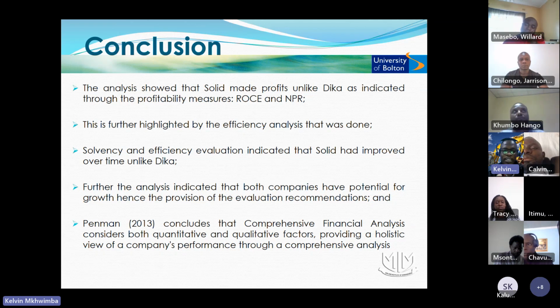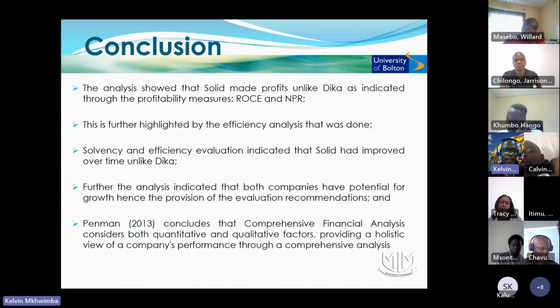Looking also at the two evaluations, that is solvency and efficiency, I would see that over time also Solid has done very well in comparison with DICA. And even though that is the case, these two companies have great potential for improvement, and that is shown in the provision of the evaluations and also recommendations that have been made.